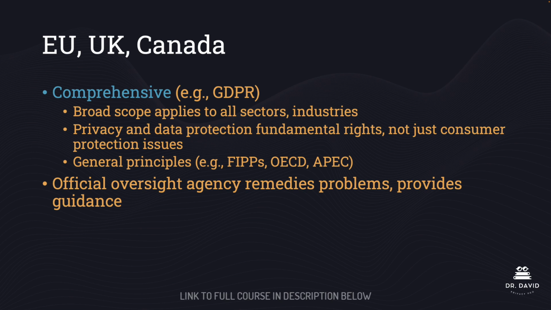So we've looked at the FIPs, for example, the Fair Information Practice Principles, or the Fair Information Practices. And we also looked in Domain 1 at the OECD guidelines and the APEC privacy framework. Those are 3 examples of general principles that are present throughout this comprehensive approach. Similarly, with the comprehensive model, an official oversight agency remedies problems and provides guidance.